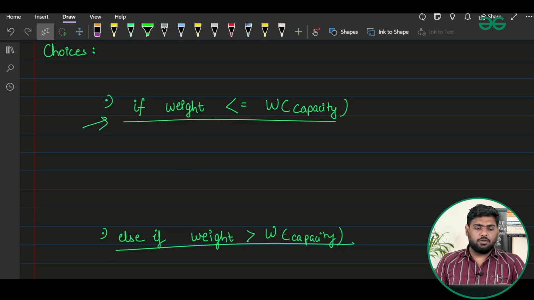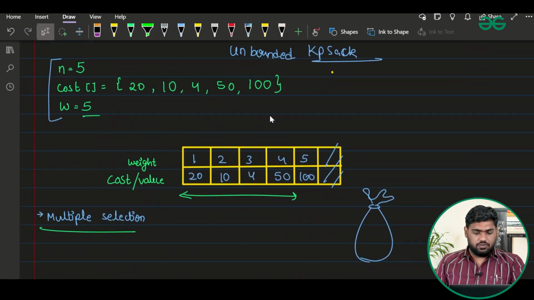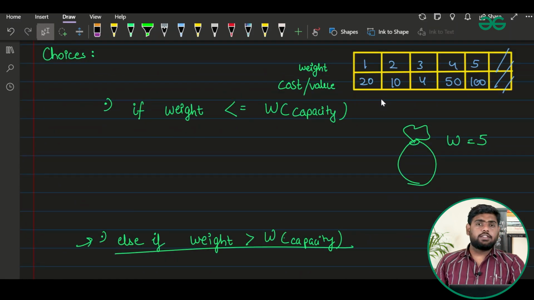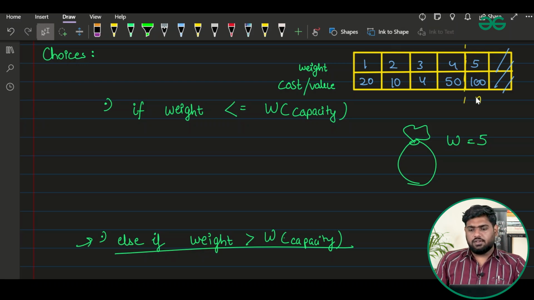Let's say you have your bag here having capacity as 5, and the current weight that we are taking up. Let's say we have to make a selection, and because I am using this array and I'm going to be breaking down my array so that I can reach the base case, let's say I'm beginning from the end. Okay, so this is actually my n, or n minus 1, depending upon how you are dealing with your variables.